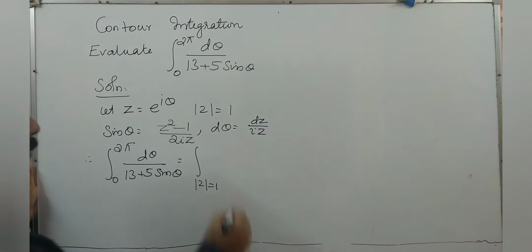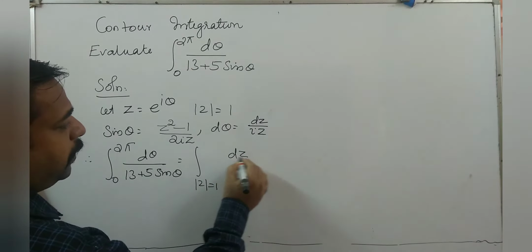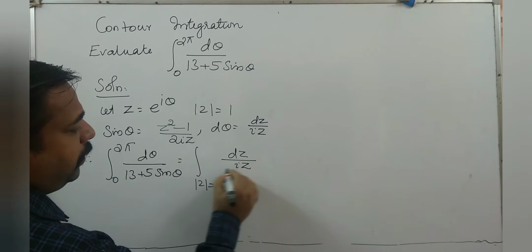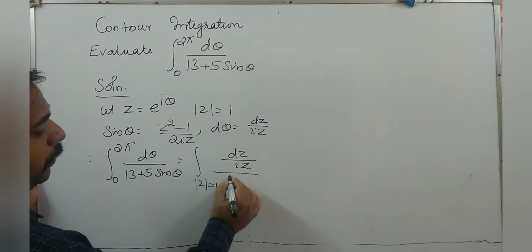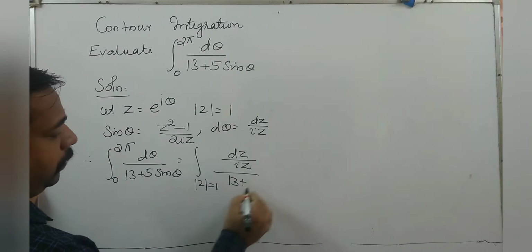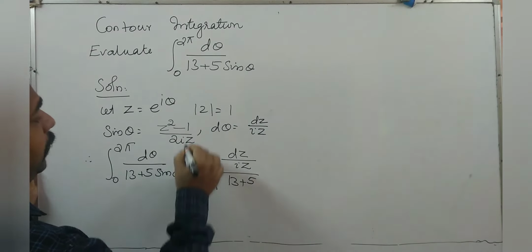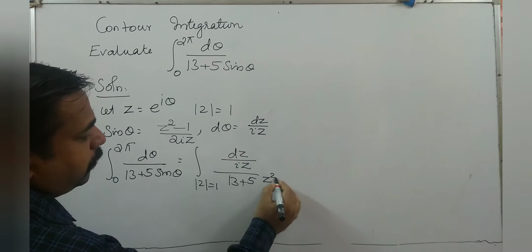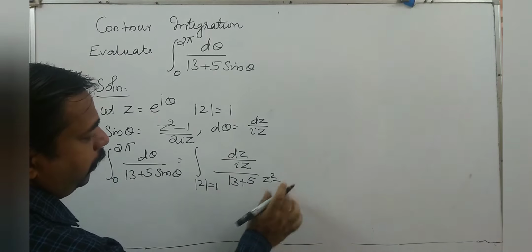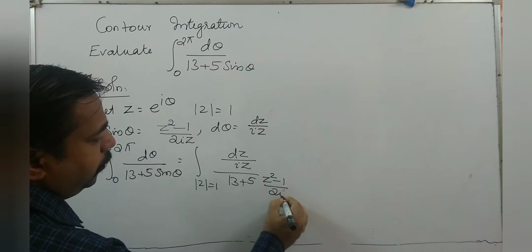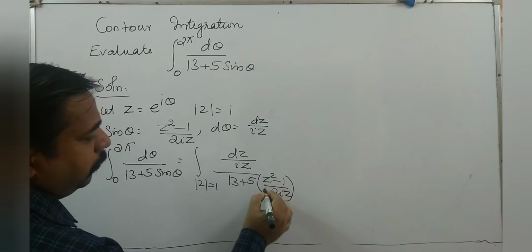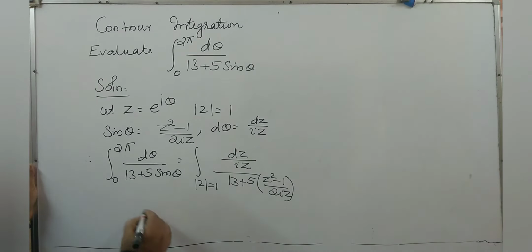So that is equal to dz by iz, whole divided by 13 plus 5 into, what is sin theta? z square minus 1 divided by 2i z. So that is equal to the integral over mod z equal to 1.